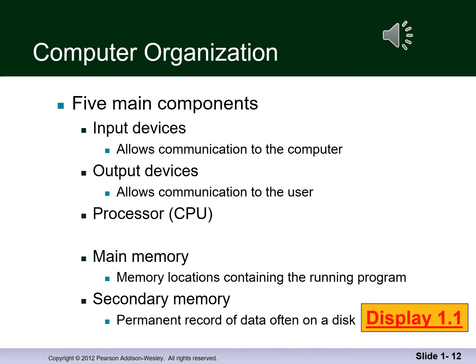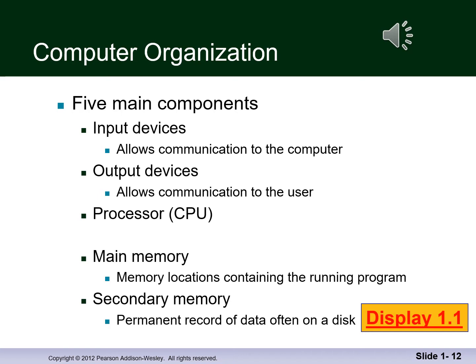This slide discusses computer organization and the 5 main processes or components of a computer system. Input devices allow communication to the computer. The primary input device that we'll use is the keyboard, secondary the mouse. I'm using a microphone right now to provide input to the computer.